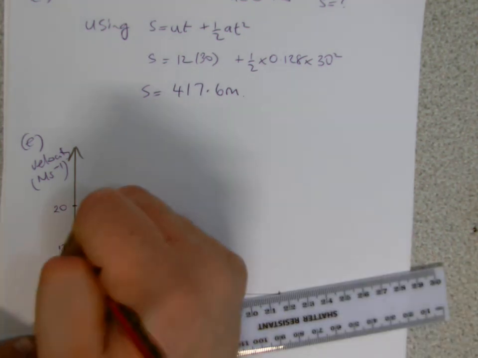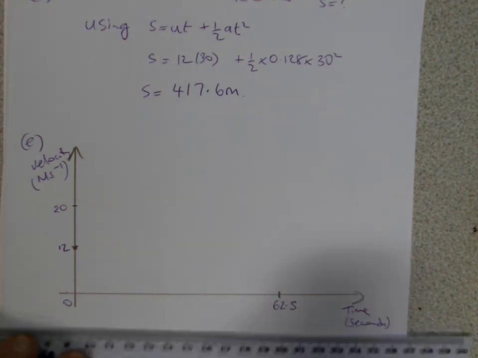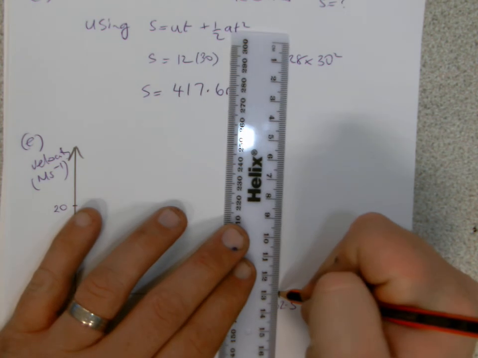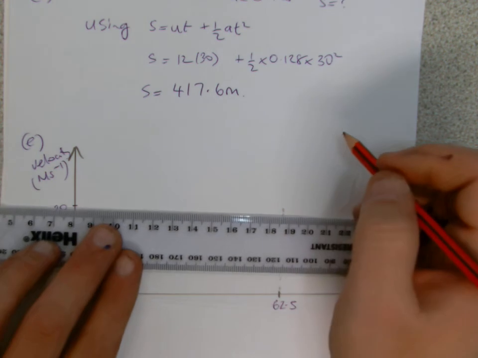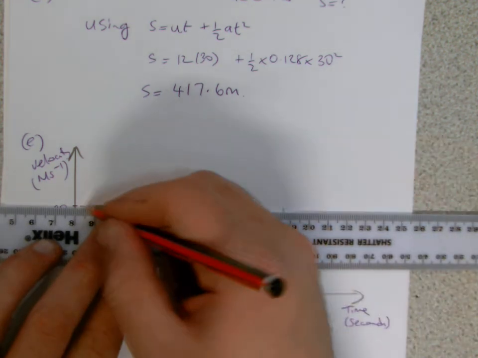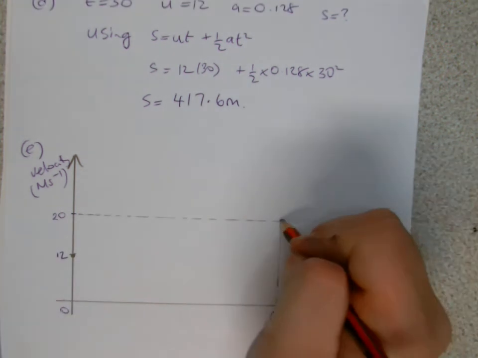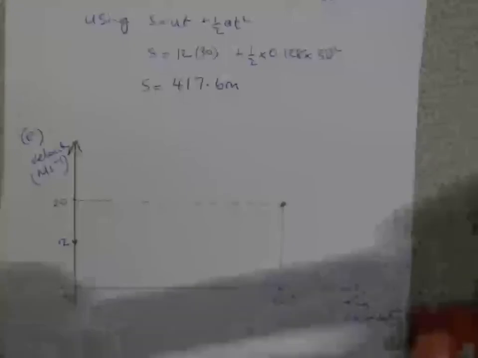This is the start point: when time is 0, it's traveling at 12 meters per second. And this is the end point. If I draw some dotted lines up, and then across from 20, you can see they meet up perfectly. That's the speed it gets to, up to 62.5 seconds.